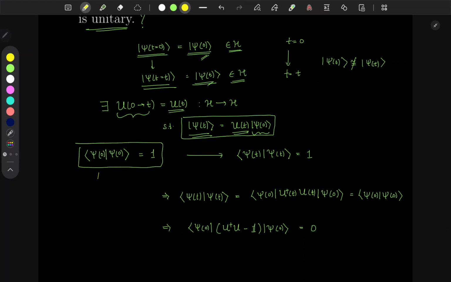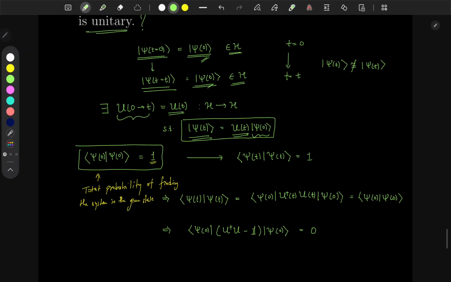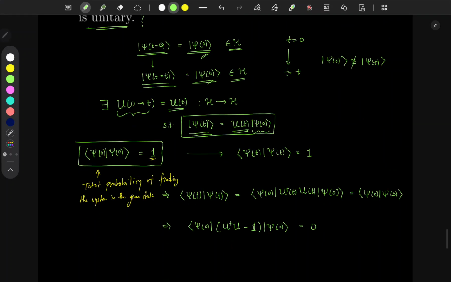This means that the total probability of finding the system in the given state is 1. This one is actually coming from the concept of probability. So let me just elaborate on this. You are given a state psi.